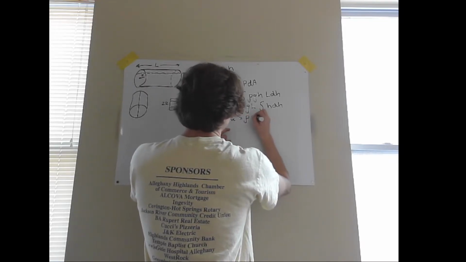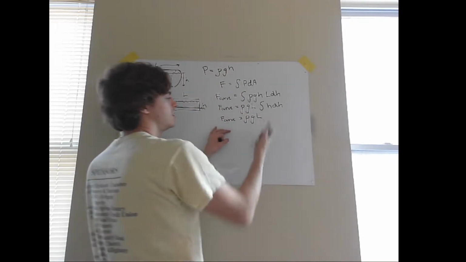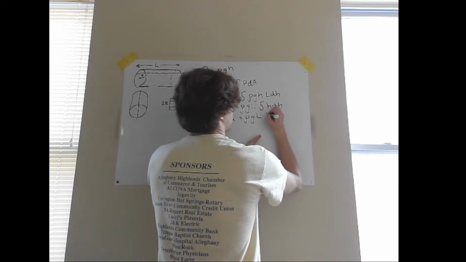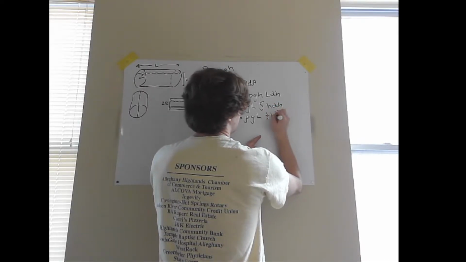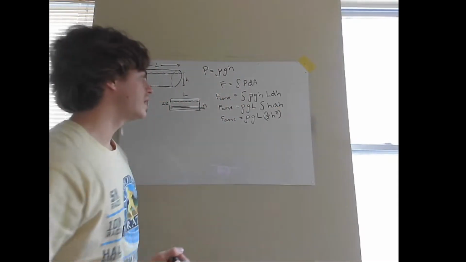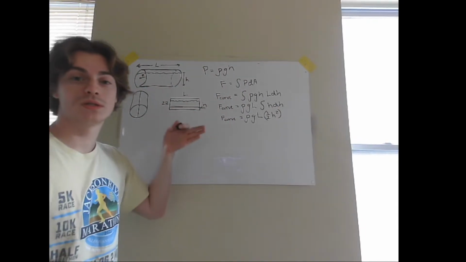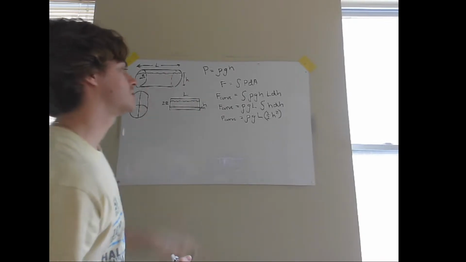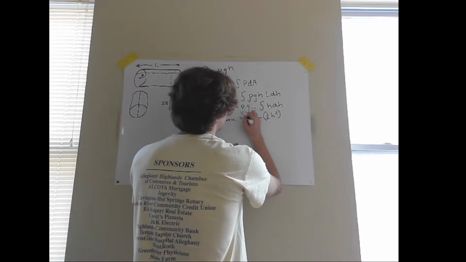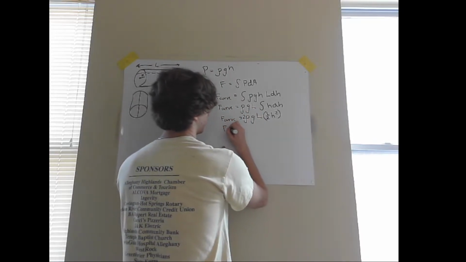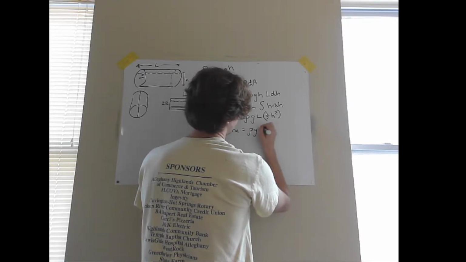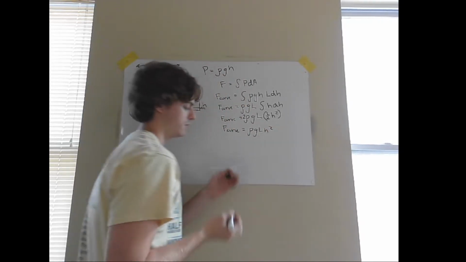Still our constants out front, integrating h with respect to h, it's just going to be 1/2 h squared. And this is only for one side of the cylinder, since we're just calculating it against this flat surface. To get the other side, we just double it, multiply by 2. So the force on the curve is going to be equal to rho g L h squared.